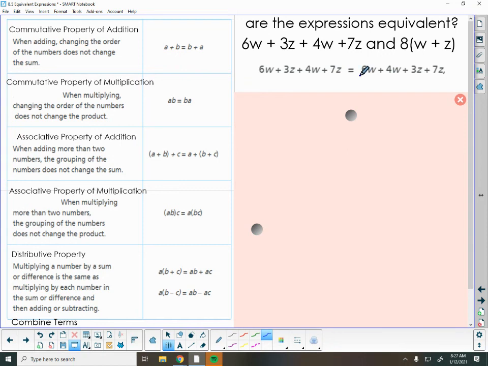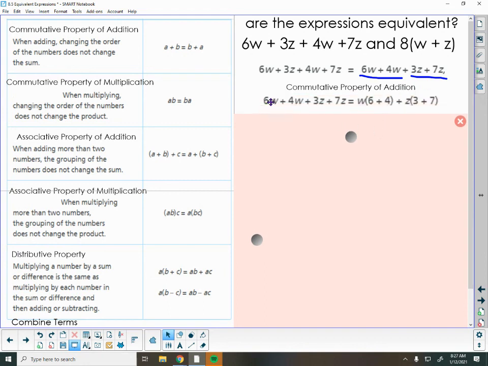So it looks like they changed the order to put the W's together and the Z's together. So which of these properties changes order? So when we're adding, we're going to use the commutative property of addition here. So now we have our W's together and our Z's together.